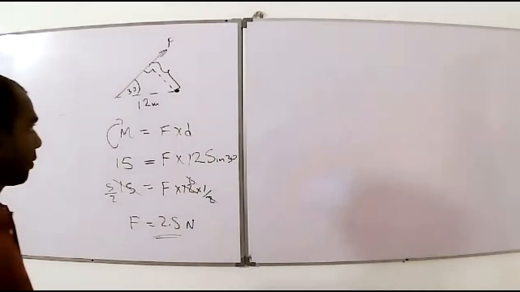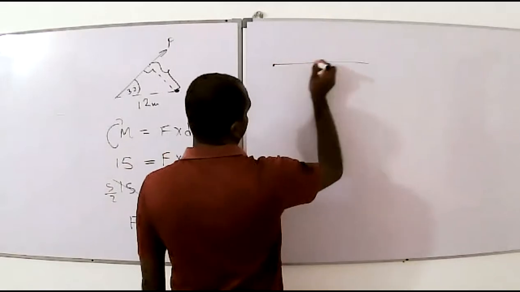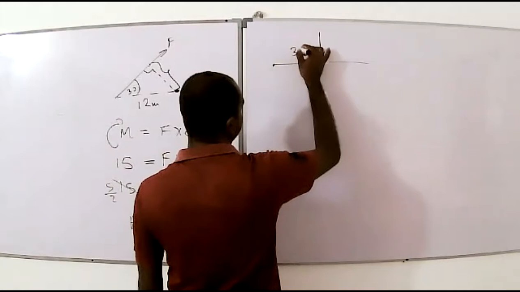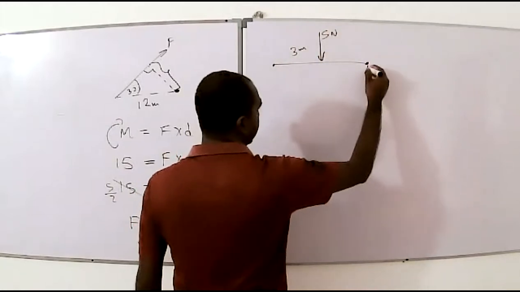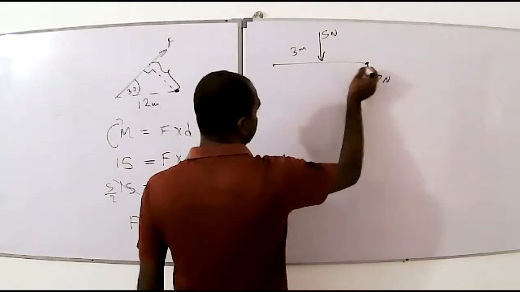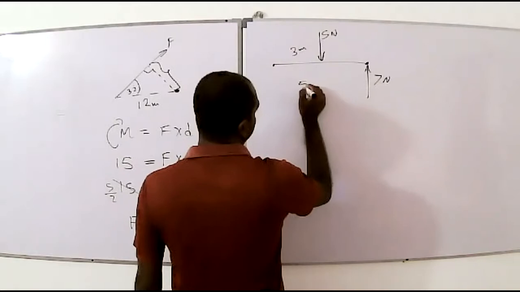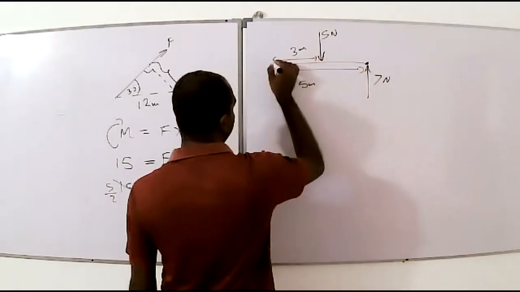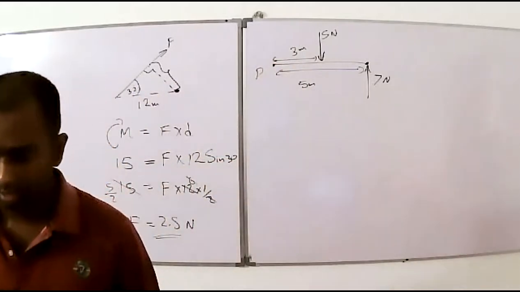Now, what if there is more than one force? Let's say we have a downward force of 5 Newtons, 3 meters away, and here 7 Newtons, let's say 5 meters away. How can you calculate the resultant or total moment around this point? Easy.